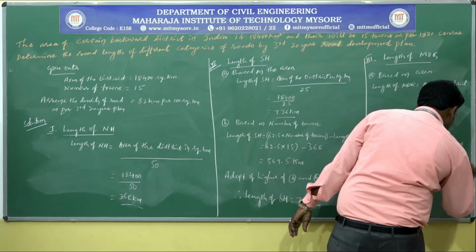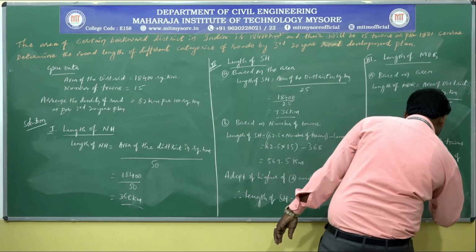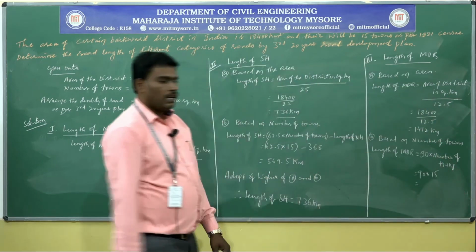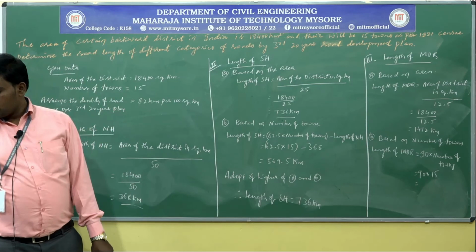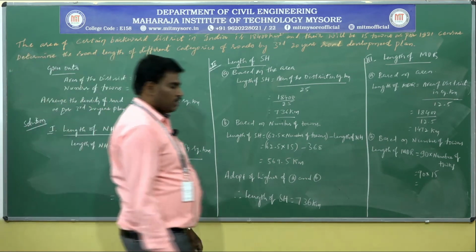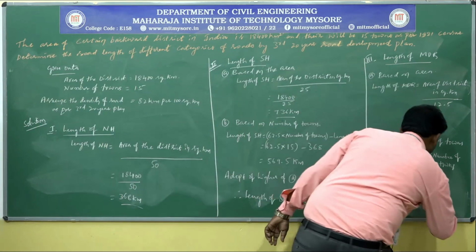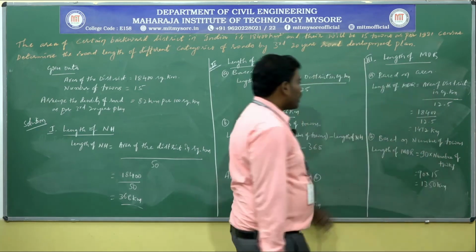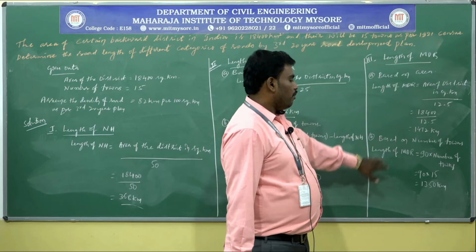It is 90 into 15, so it will give about 1350 kilometer. So here also we have to adopt higher of A and B.